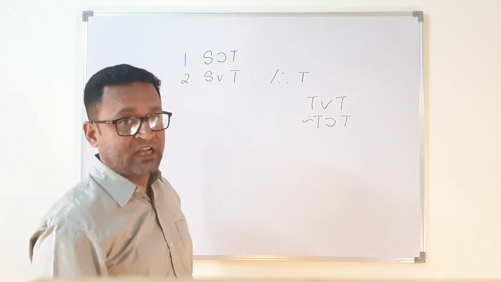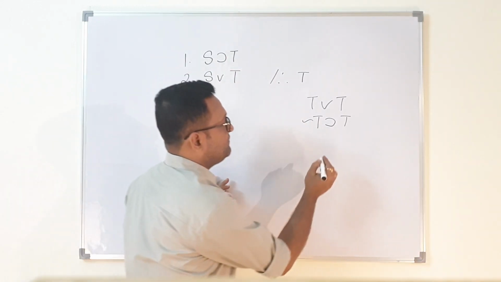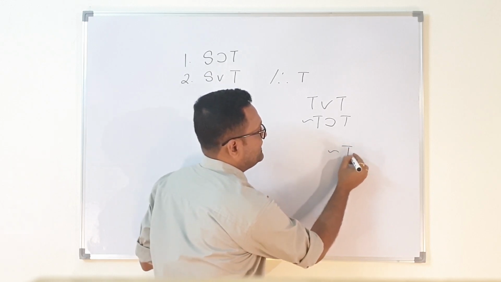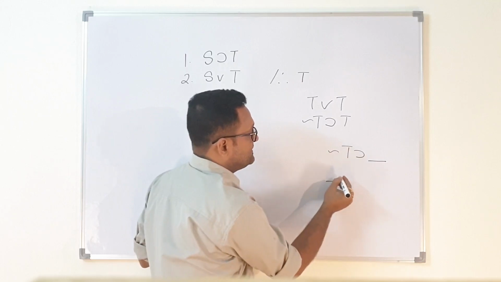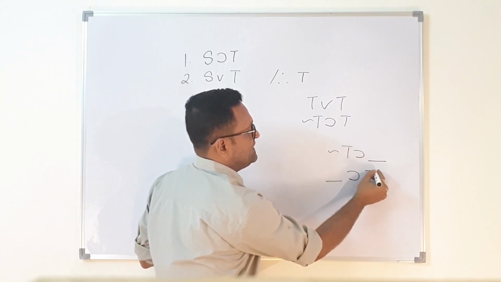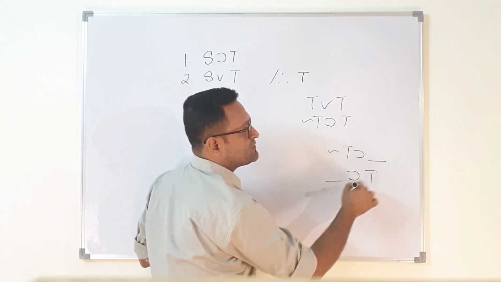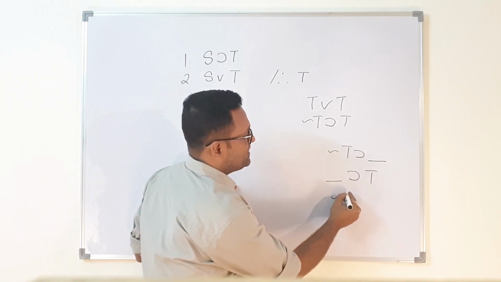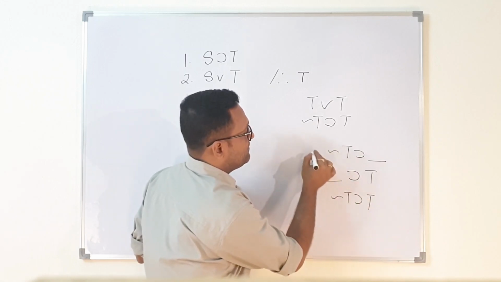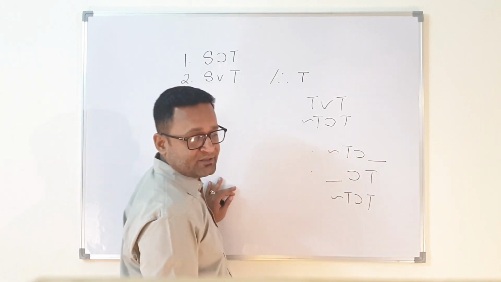Now, can we create this from here? Yes, we can. How? If we have negation of T implies something and something implies T, we can use hypothetical syllogism to get negation of T implies T from these two steps, right?